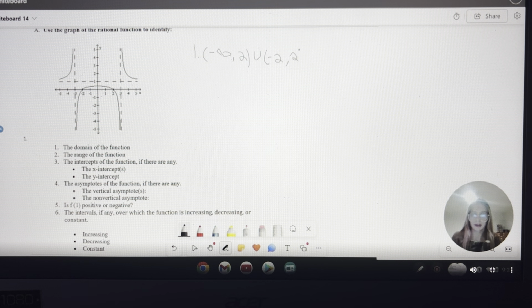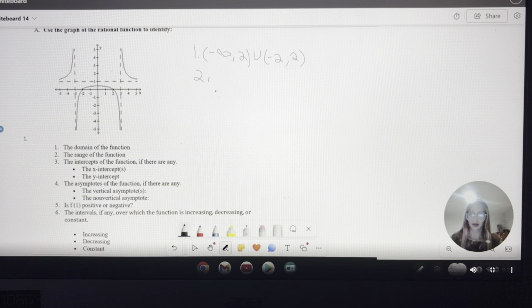Okay, then the next thing we're going to do is the range of the function. To find the range, it will be the horizontal dashed lines, which are at 1, and it approaches all the other values, but it only marks on 1.